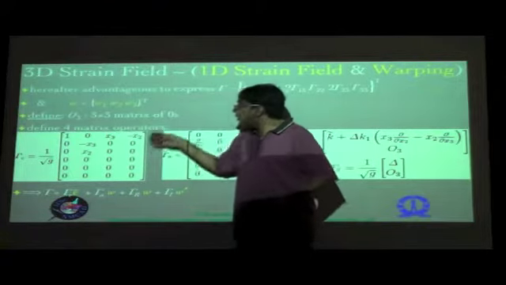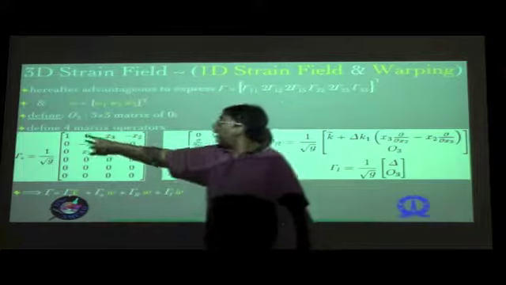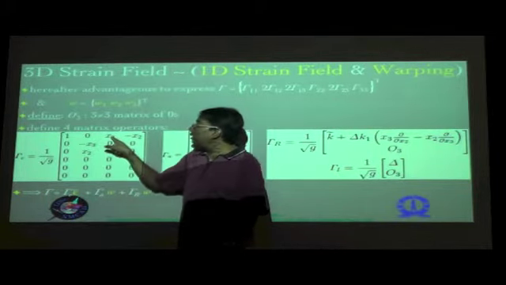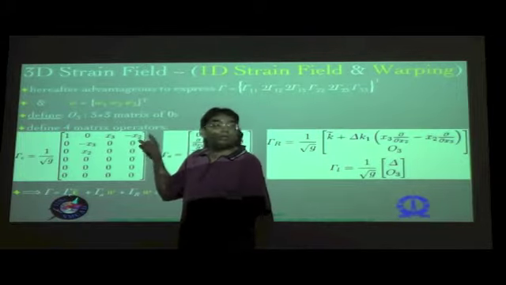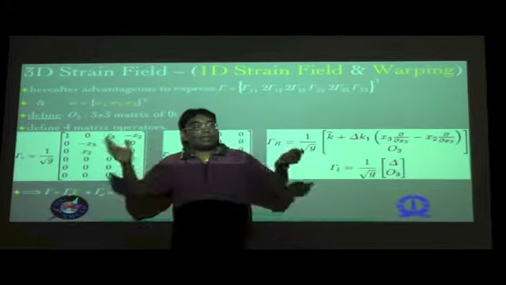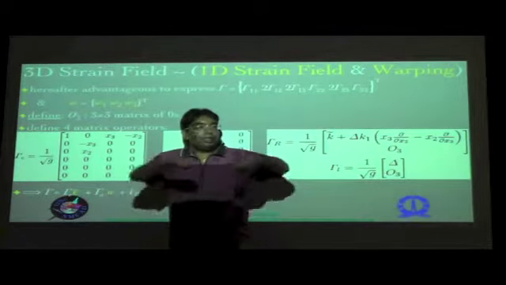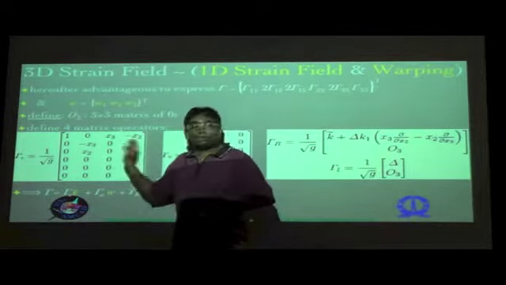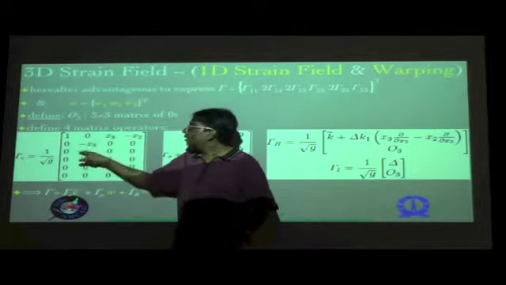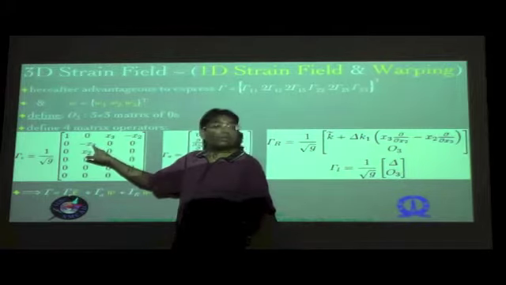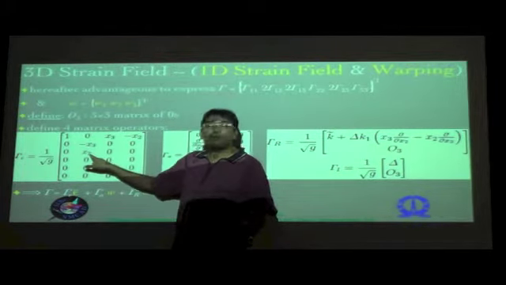So if you look at this, just multiplying this, your gamma 1 would be just small gamma 1 plus x3 into kappa 2 minus x2 into kappa 3. You would see that it is like a classical theory which involves basically an extension and the 2 bendings. Similarly, if you look at the next term, capital gamma 1,2 and gamma 1,3 would be just kappa 1 bar multiplied with minus x3 and kappa 1 bar multiplied with x2.